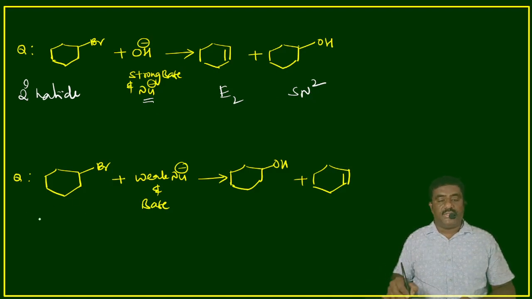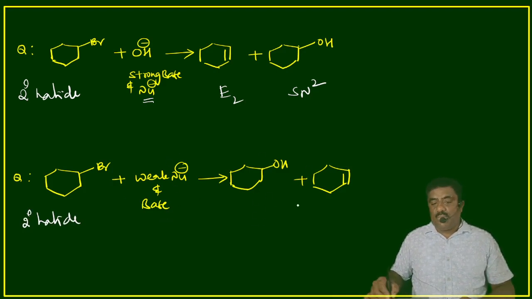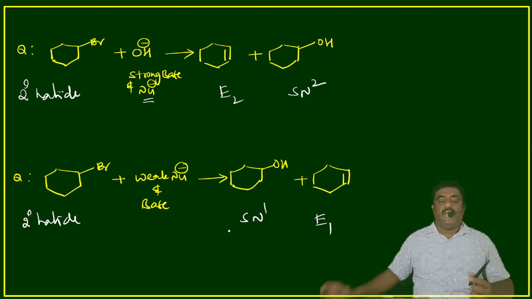Next one: secondary halide with a weak nucleophile. What are the possible reactions? SN1 and E1.